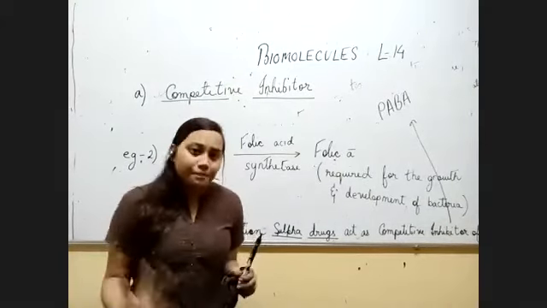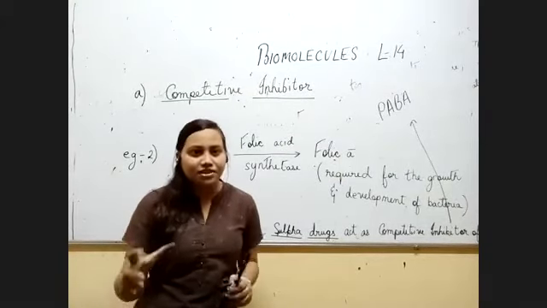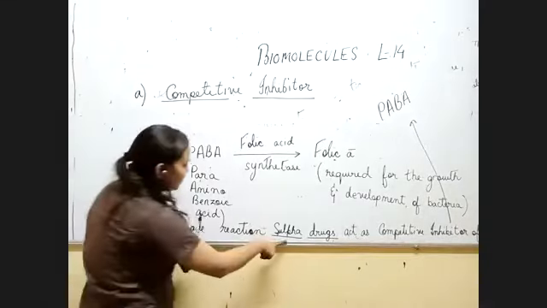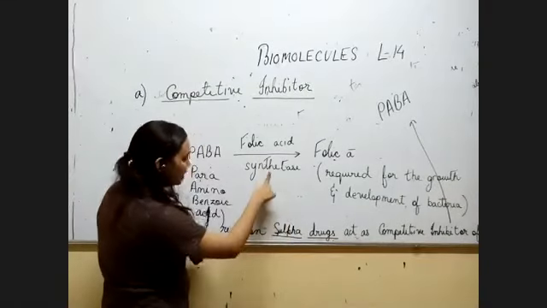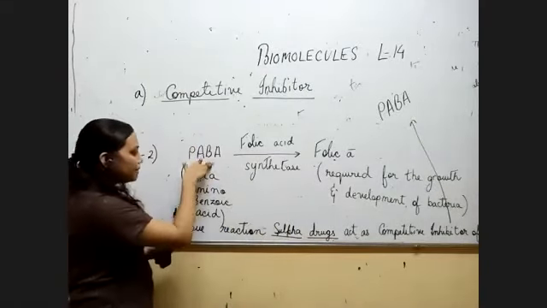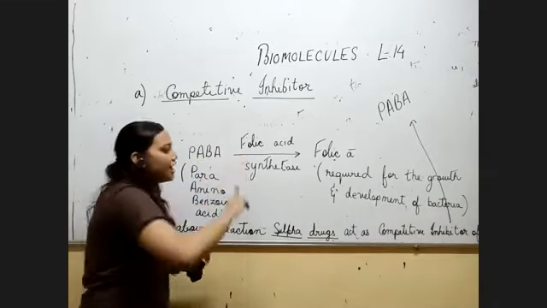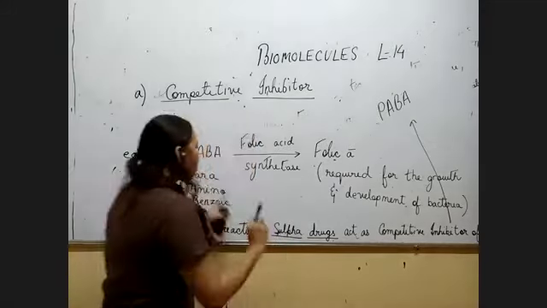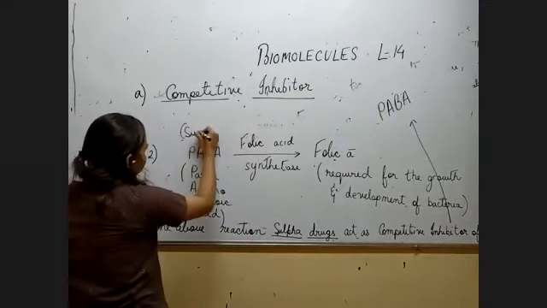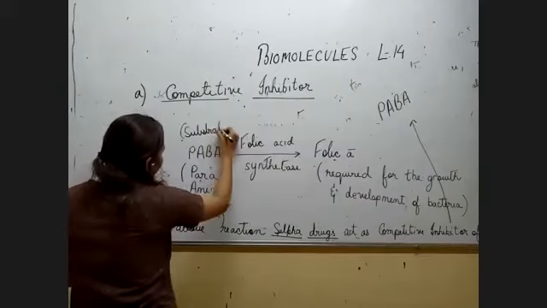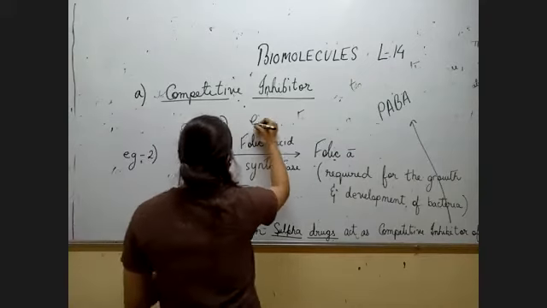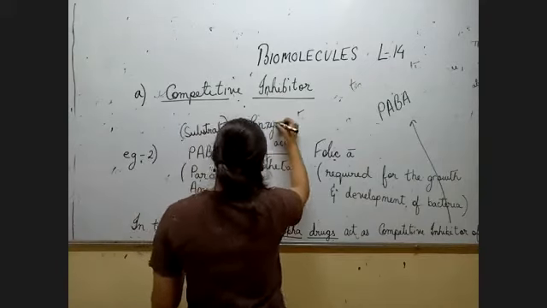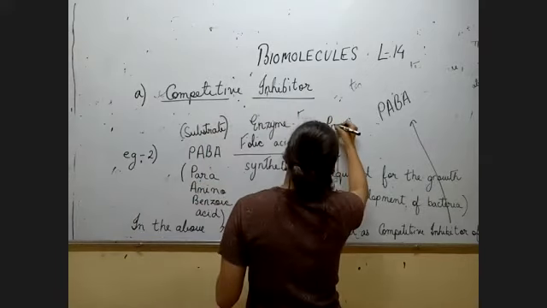But here the competitive inhibitor, that is sulfur drugs, will come and bind to the folic acid synthetase. As a result, PABA will not bind to the enzyme, and folic acid won't be produced. Got it? So this is the substrate, this is the enzyme, and this is the product.